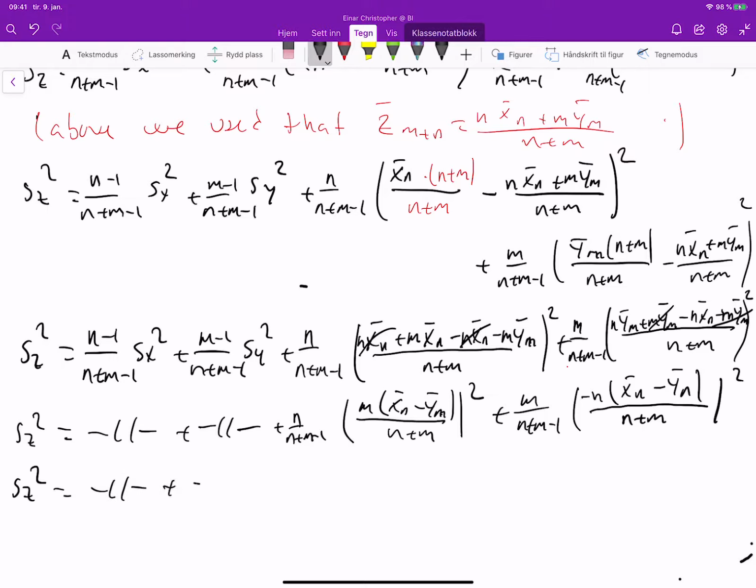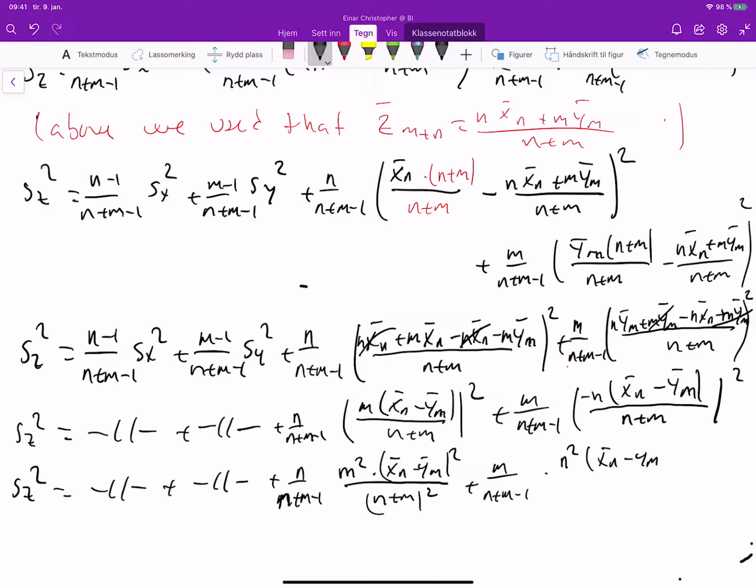And then we have this, plus, and now let's write this as m to the power of 2 times xn bar minus ym bar to the power of 2, divided by n plus m to the power of 2, plus m over n plus m minus 1, times, and then minus n to the power of 2 is actually n to the power of 2, xn bar minus ym bar to the power of 2, divided by n plus m to the power of 2.